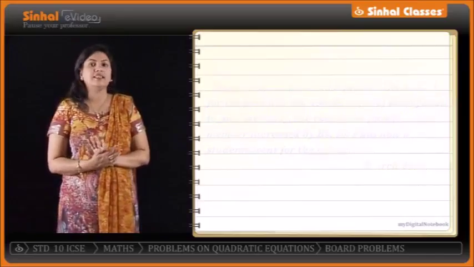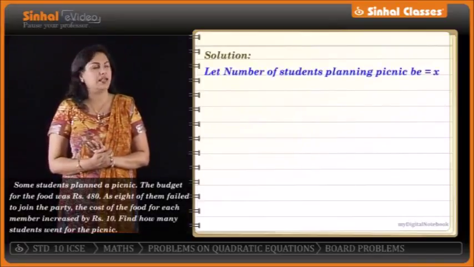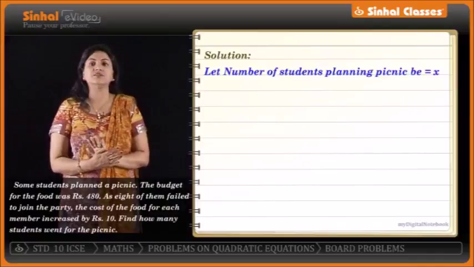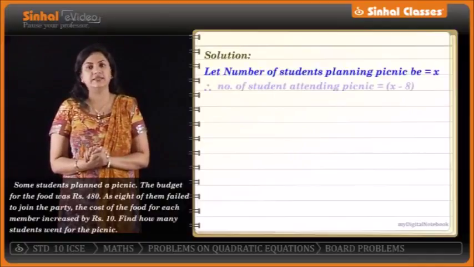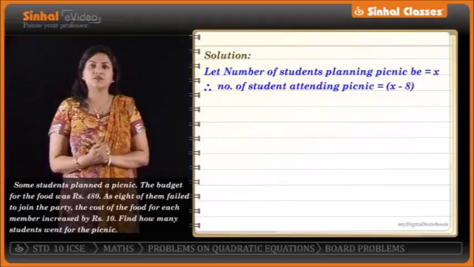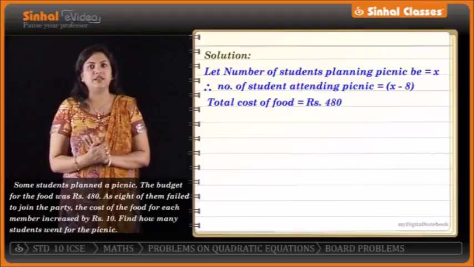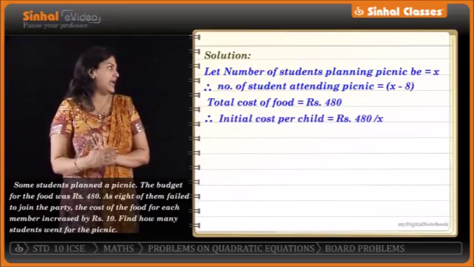Now here, let the number of students planning the picnic be x. So the number of students who attended the picnic is x minus 8. Now total cost of the food is given as 480. So previously the cost per child would have been 480 upon x.